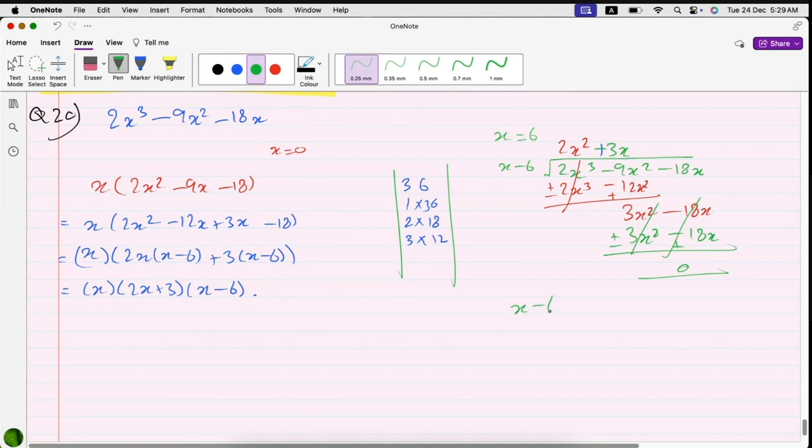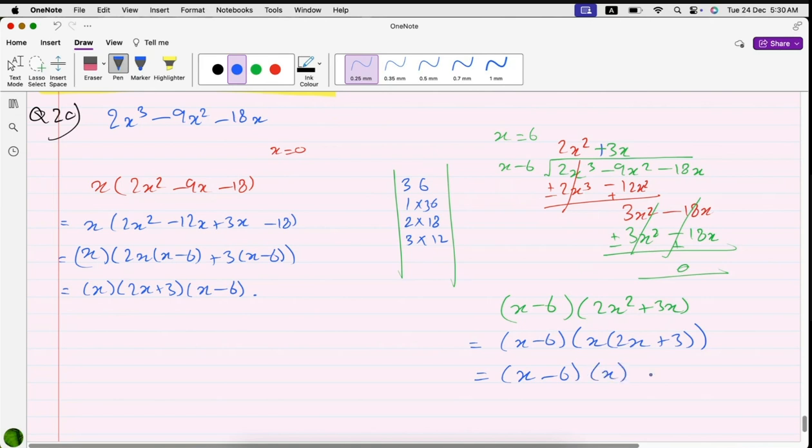So we get x minus 6 into 2x square plus 3x. Now we take out x as common in the second bracket. So when you're taking out x as common, you're left with 2x plus 3. There you go. When you take out x common, there's no more 2x square. That is 2x plus 3.